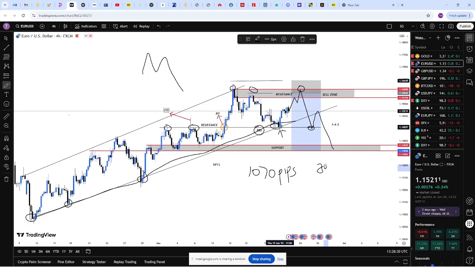I held all the way from the top to the next line. It gave me 1,070 pips for just one trade. You saw that. So you should also relax, and enter based on what you are seeing.